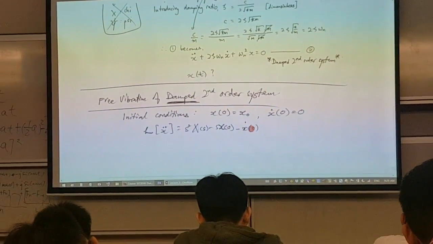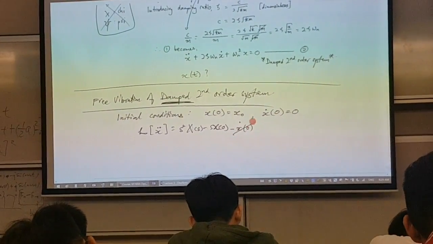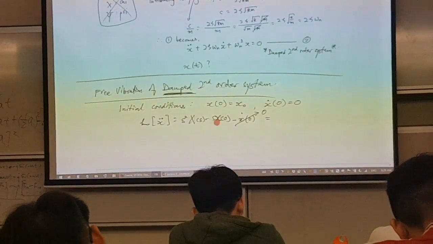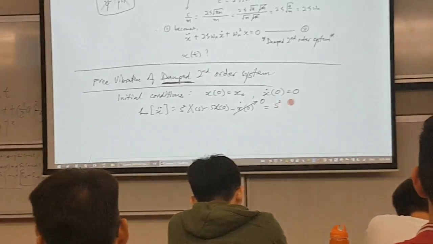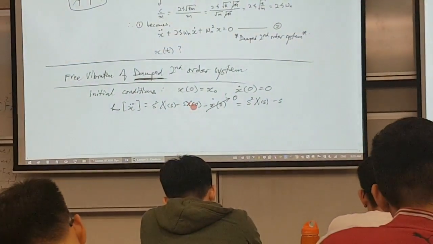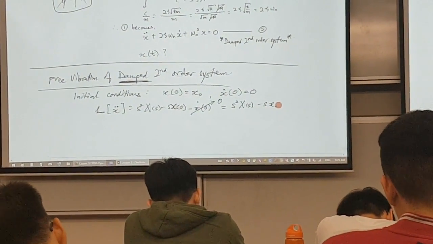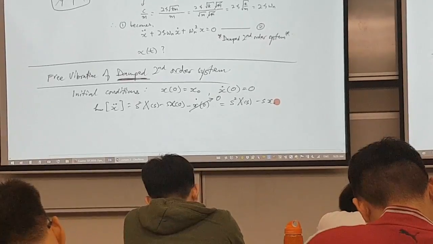This term talks about our initial condition, which is equal to 0, so I can simplify it. It's s squared X(s) minus s, and this x at time equal to 0 will be x naught, substituting my initial conditions.